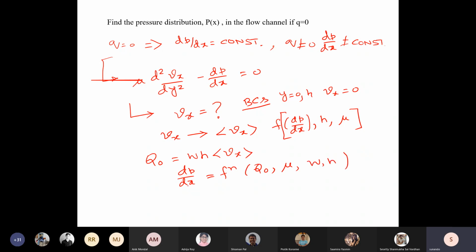Once I integrate this equation with the known pressure, my pressure for a system in which there is no leakage is going to be the familiar linear variation with x that we have for the pressure.